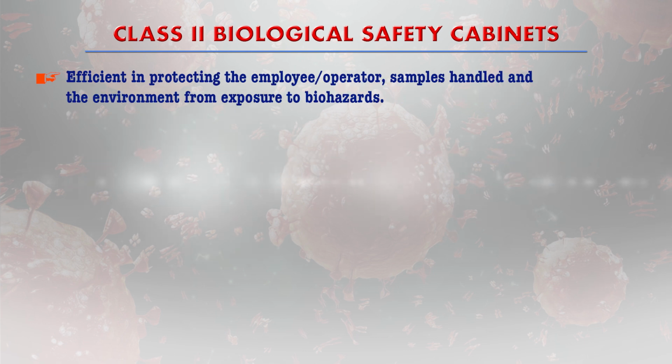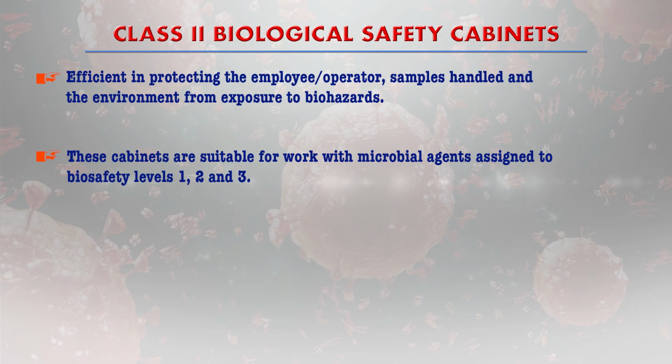So this cabinet is highly efficient in protecting the employee and the operator who is managing this, and the samples that are handled will also be contamination free, and it will also protect the environment from exposure to the biohazardous materials.